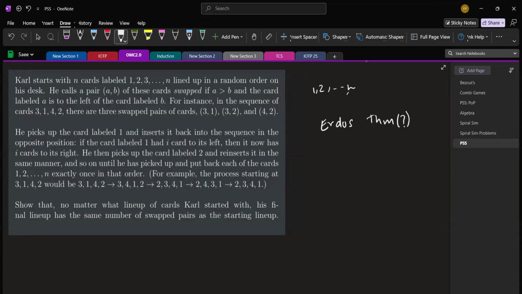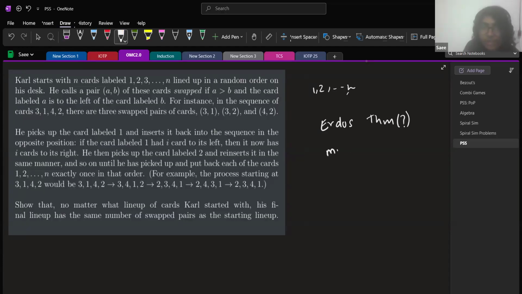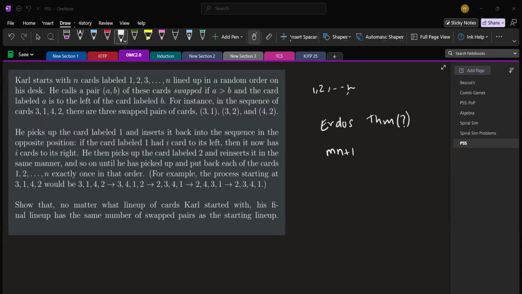I don't remember the formal definition, but it has something to do with increasing and decreasing subsequences. Is it the one where if you have a sequence of mn plus 1, there's either an increasing subsequence of m plus 1 or a decreasing one of n plus 1, something like that? Yeah. Okay, how will that relate here?